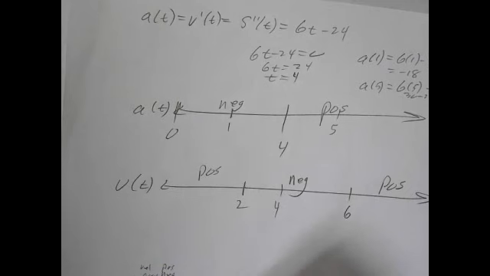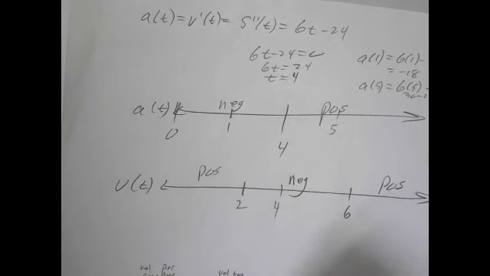From 2 to 4, we have a negative velocity. But from 2 to 4, our acceleration is also negative. Right?